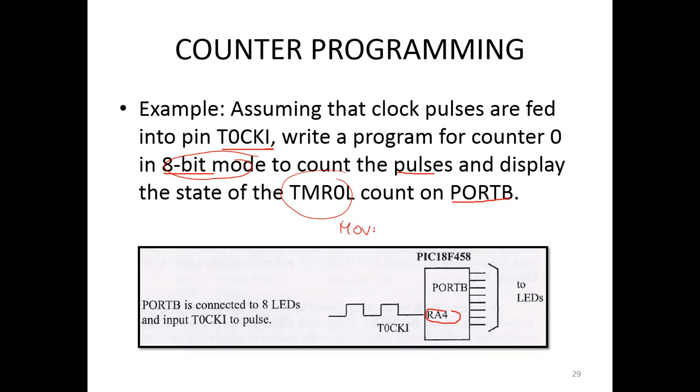So we can use MOVF timer 0 low, comma, port B. We are supposing, for example, that LEDs are connected to port B, so we need to display the number of pulses that we have.